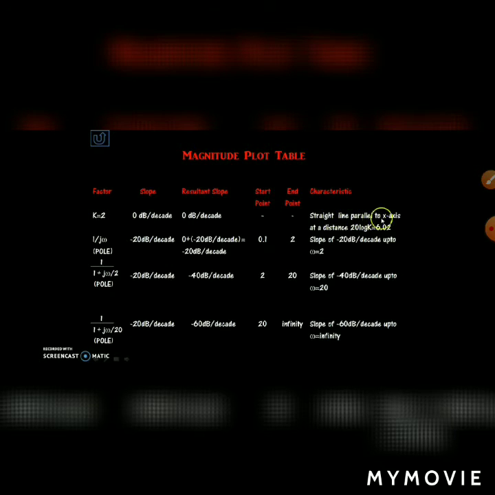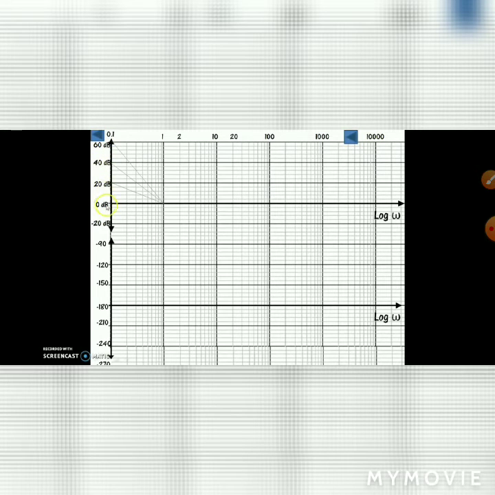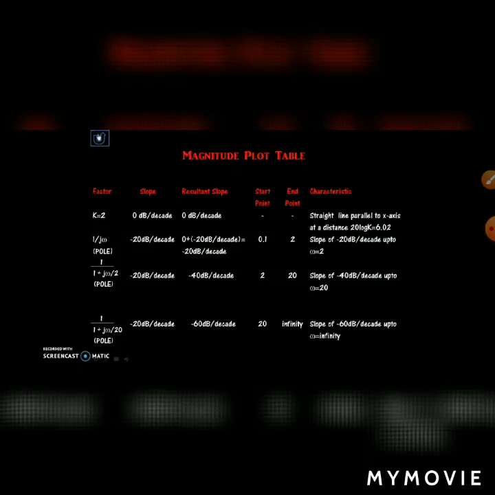So K equals 2, that is initial slope plus 20 log K. We got 26 dB. So K equals 2, that is the 6 dB line. So we'll draw the 6.02 dB line. Next, after finding K, there is a pole at the origin, that is minus 20 dB per decade.